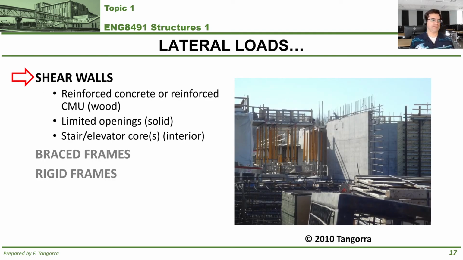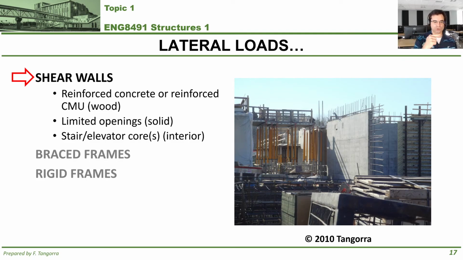Shear walls are typically the most solid type of lateral resisting structures. They're typically comprised of reinforced concrete solid walls or reinforced solid CMU walls. You can do this in wood construction as well. It's common usually in Part 9 buildings. Okay? The thing about shear walls, though, is that they're solid. So they have limited openings.